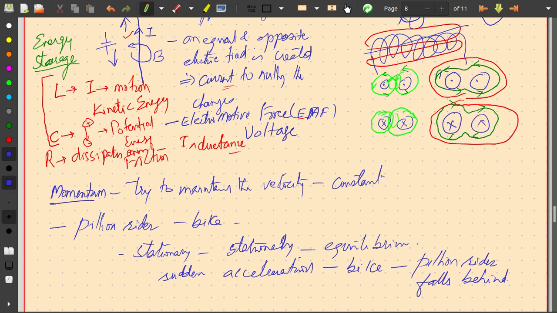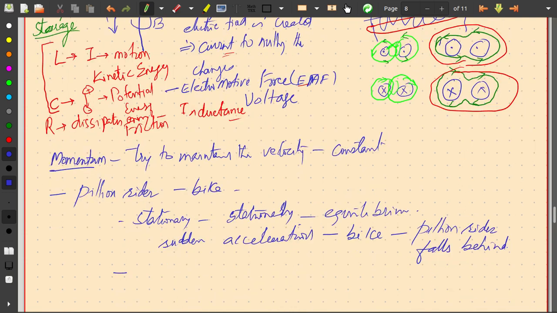This is because the momentum of the rider does not allow him to suddenly change his velocity, and because of which the bike moves forward and the person sitting behind as a pillion rider cannot move with the bike and hence he falls behind the bike.